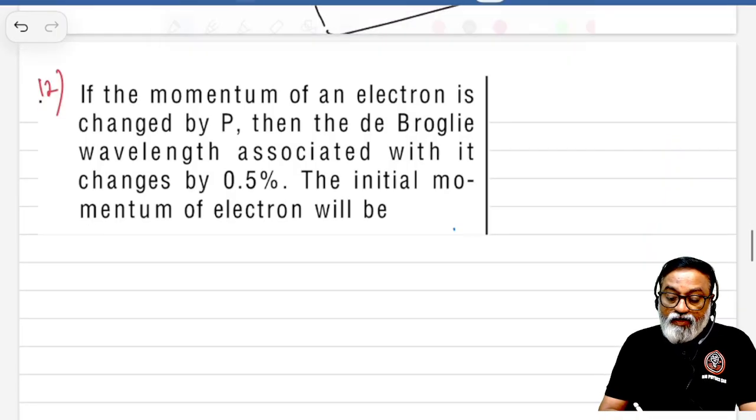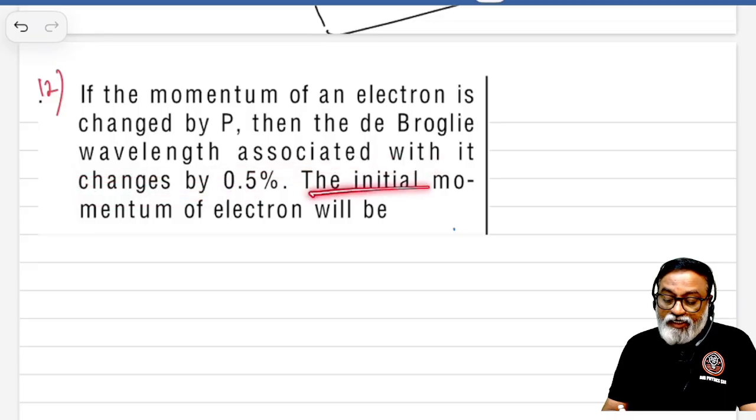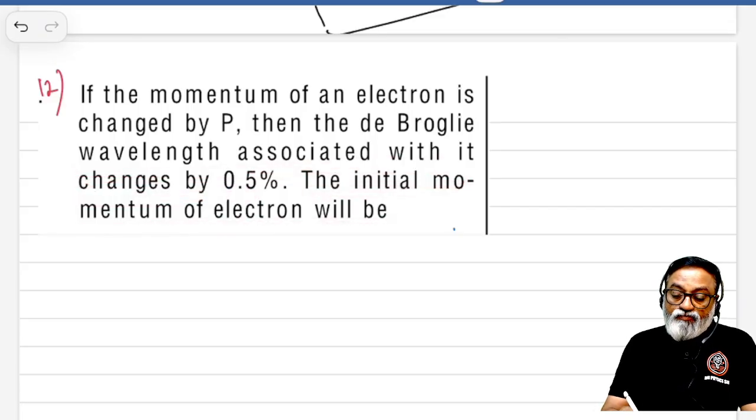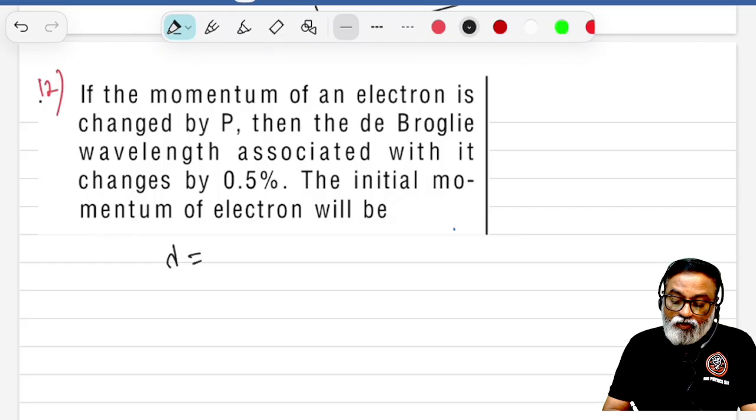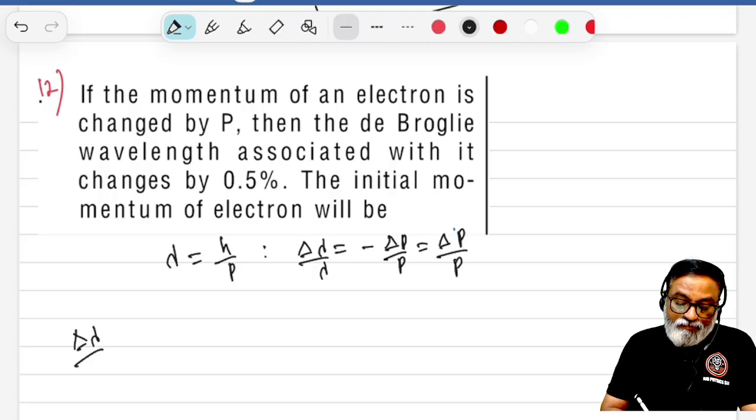Next one. If the momentum of an electron is changed by p, then the de Broglie wavelength associated with it changes by 0.5%. What is the initial momentum of the electron? See here, lambda is equal to h by p. Therefore, delta lambda by lambda is equal to minus delta p by p. If you consider only magnitude, that is delta p by p. Here it is given as percentage change in wavelength: delta lambda by lambda into 100 is equal to 0.5.